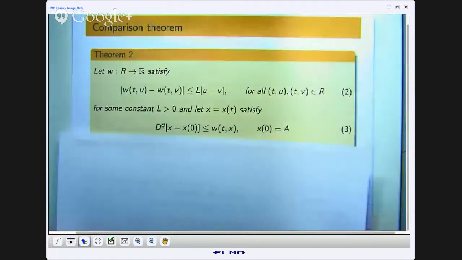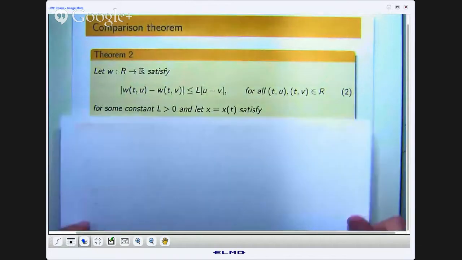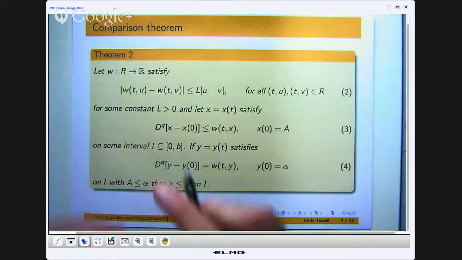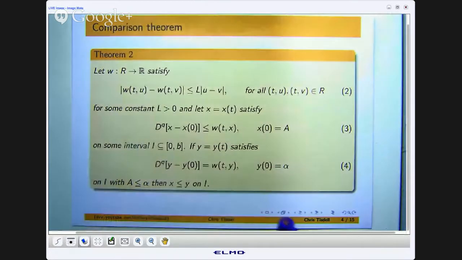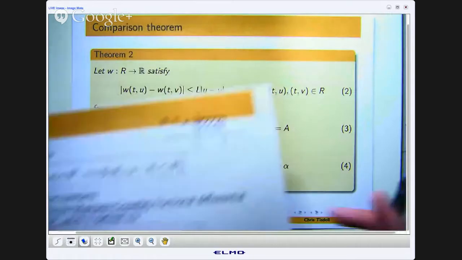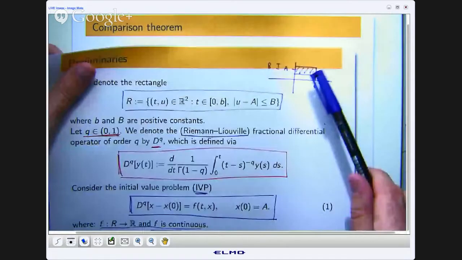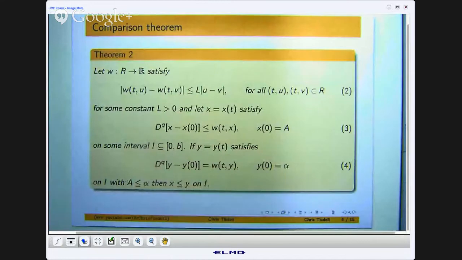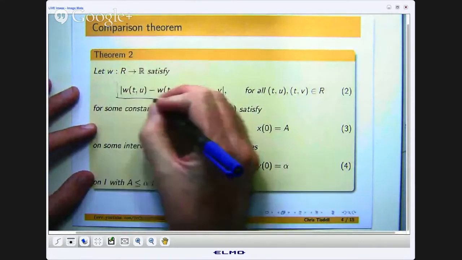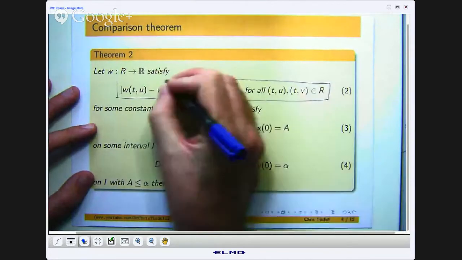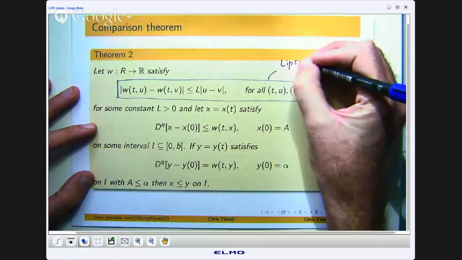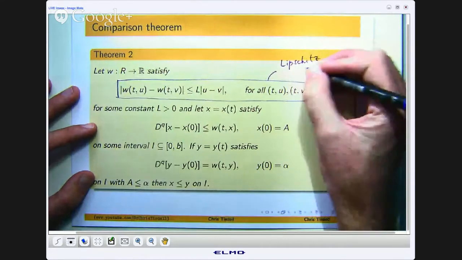Okay, so here is the result that I want to talk about in a bit of detail. It's called a comparison theorem. So suppose W is a function that is defined on a rectangle like this. It's a function of two variables, and it satisfies this condition here, which is a famous condition called a Lipschitz condition.